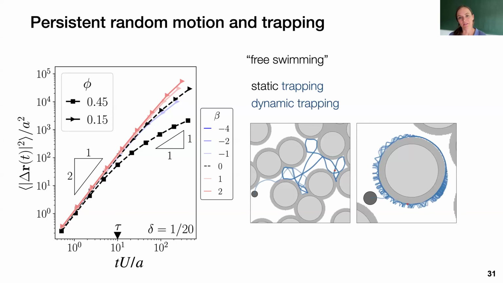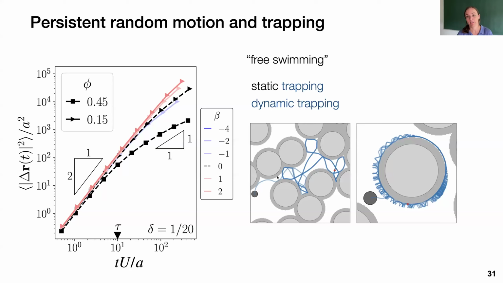We see a lot of interesting trapping dynamics. So we know from dry systems that trapping generally is static, so they get trapped in corners. But if you think of hydrodynamic interactions, you can also see trapping phases that are dynamic. And by that, I mean they keep moving for a long time along the same path.